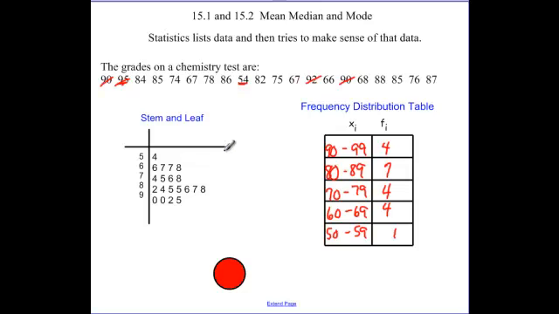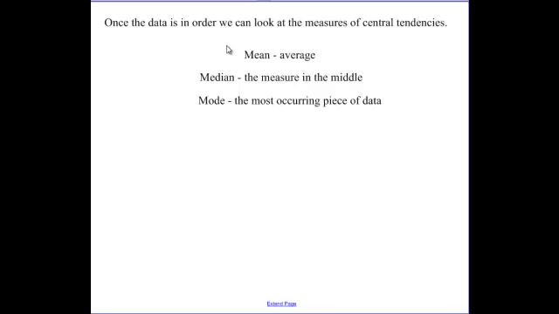All right, so now a statistician has the data so that he can read it somehow, some way. Now he wants to make sense of it. He wants to look at the mean, median, and the mode. So I'm going to borrow my stem and leaf here. Let's bring that to the next page.